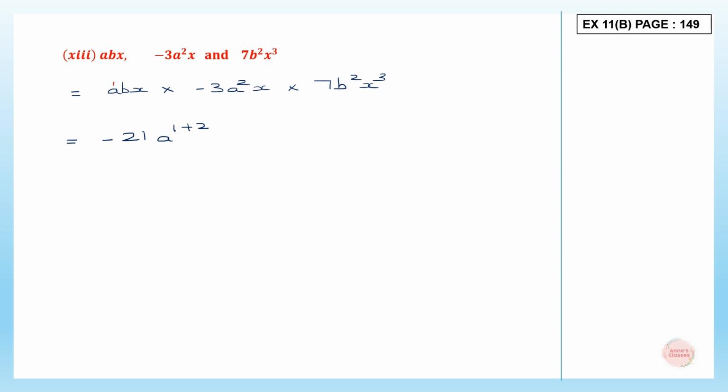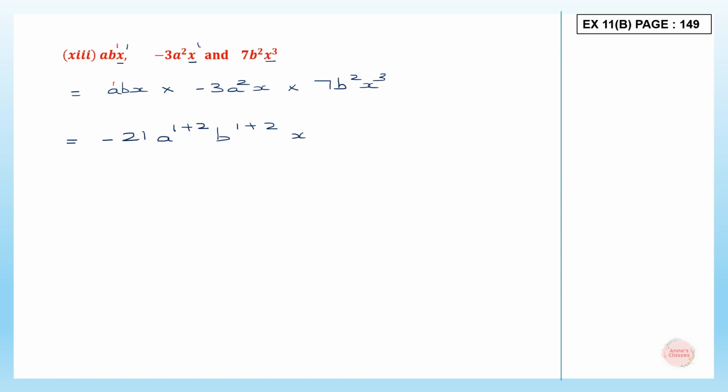So here we have b to the power of 1 and here again we have b to the power of 2. So that will be b to the power of 1 plus 2. So we finished with b. Now we'll go to x. So here we have x, that is to the power of 1. Here also we have x to the power of 1. Here we have x to the power of 3.